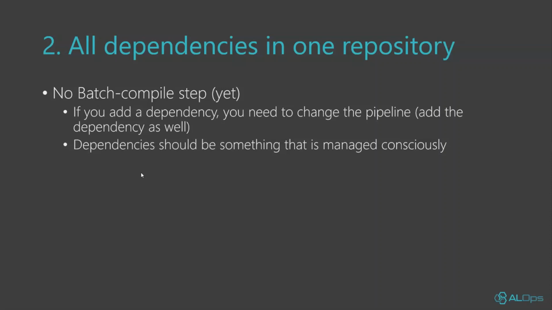And that's why I just don't want to handle dependencies in a generic way, like, ALOps will solve whatever dependency tree is out there. No, not yet. But again, we would like to have your input on that. If you really think it's important, we will add that.